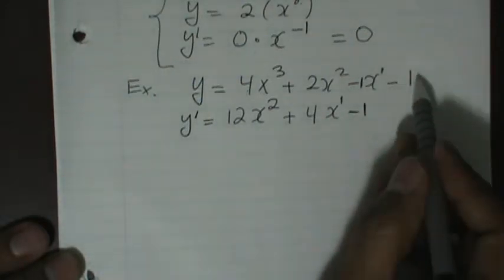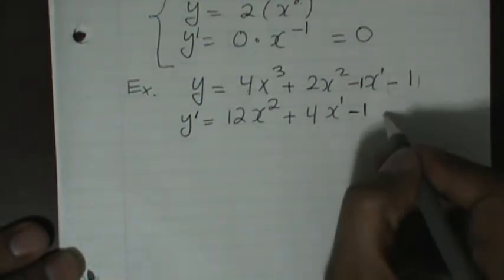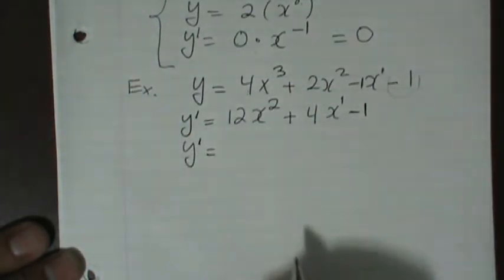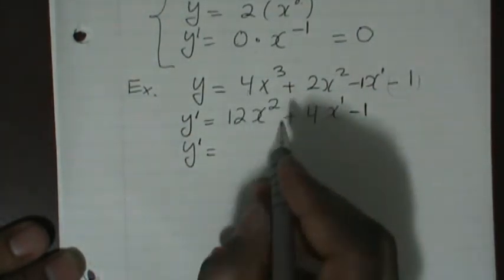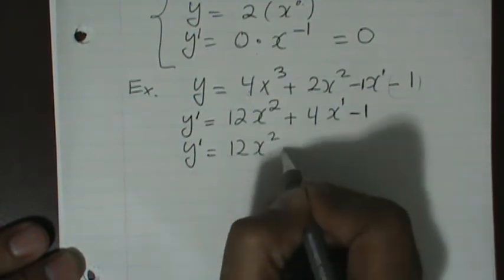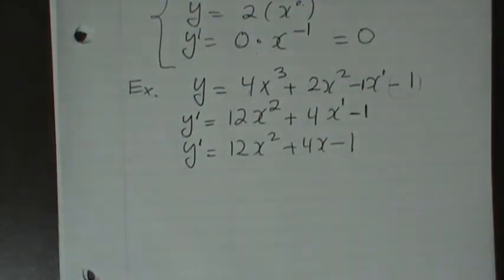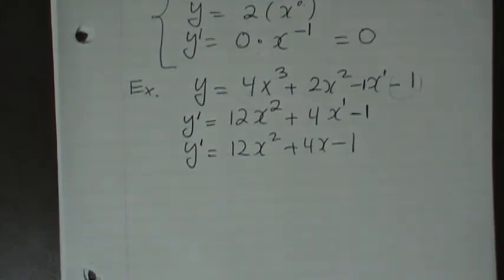And the derivative of the constant right here would be 0, so we don't have to write it. Therefore, the derivative of this cubic function is a quadratic relation in standard form. You can see that we reduce the degree of this polynomial by 1 through each term. That's how we do the power rule.